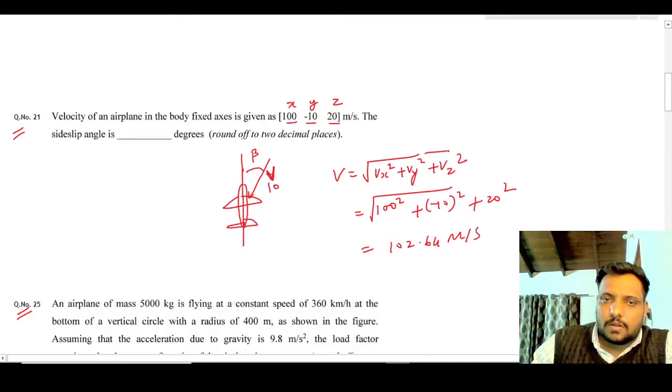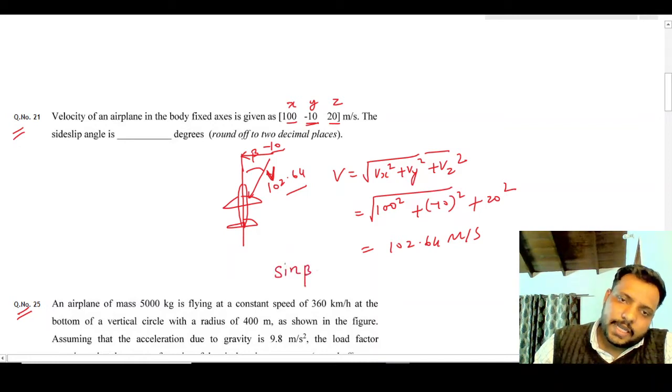So this is 102.64 meter per second, and there is a velocity in this direction which is minus 10 given here. Okay, so from this vector diagram, if I take sine beta, it is Vy by V.